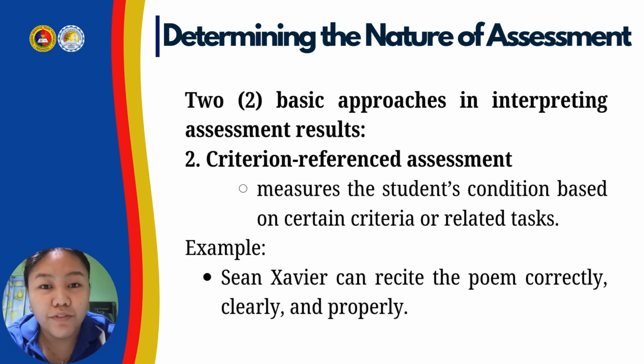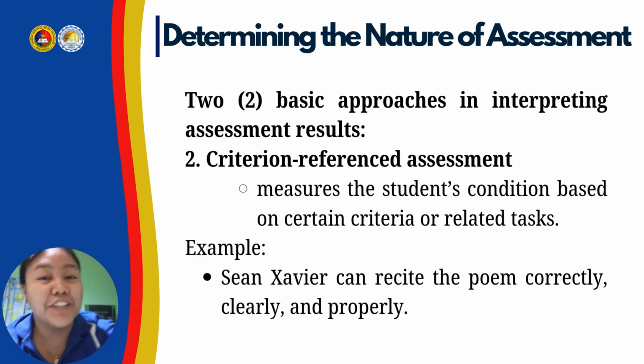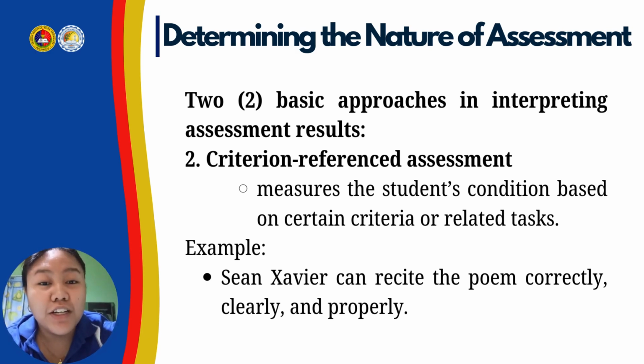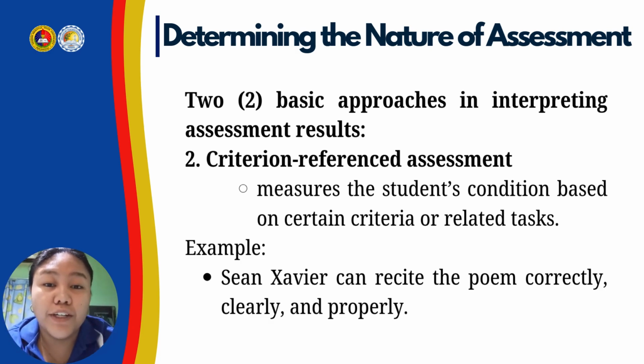All of those verbs, all of those adjectives, anything that could describe whatever Sean Xavier can do and cannot do. So again, the criterion reference assessment depicts what a student can and cannot do. So for this example, it shows that Sean Xavier can perform the given task without comparing his performance with the other students.